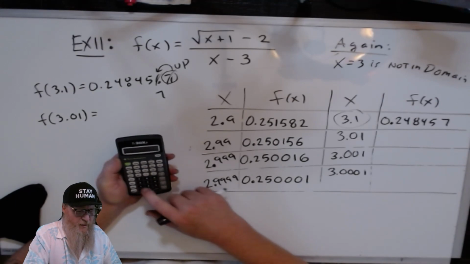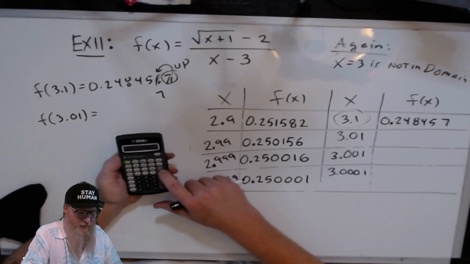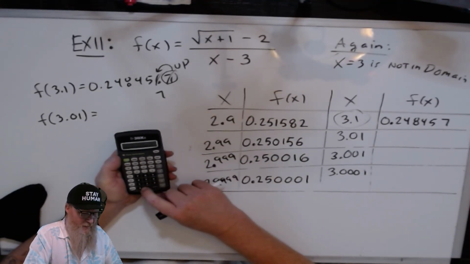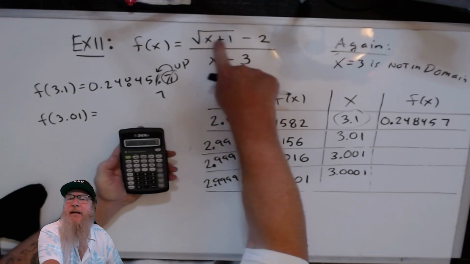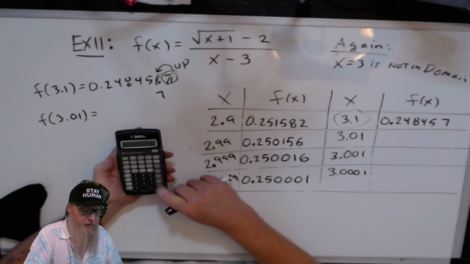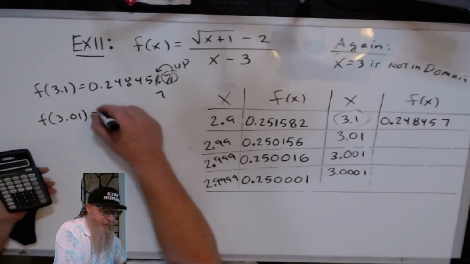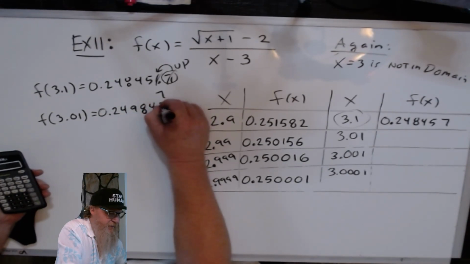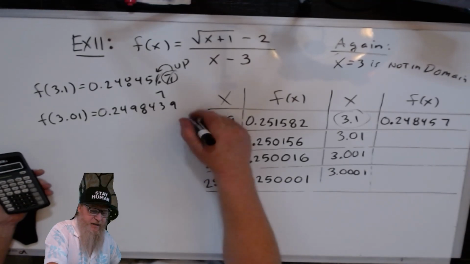3.01 plus 1, oh shoot, I forgot the square root. So 3.01 plus 1, square root, don't forget that square root, then minus 2, then divided by 0.01. They should all look pretty similar. 1, 2, 3, 4, 5, 6.